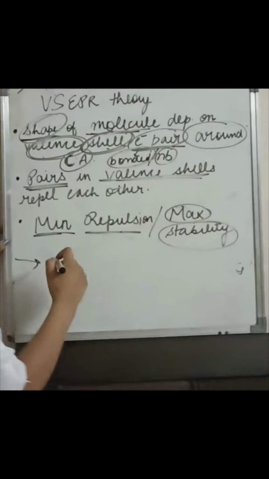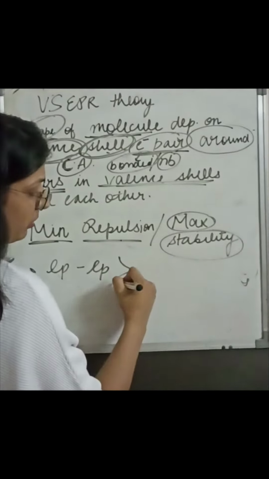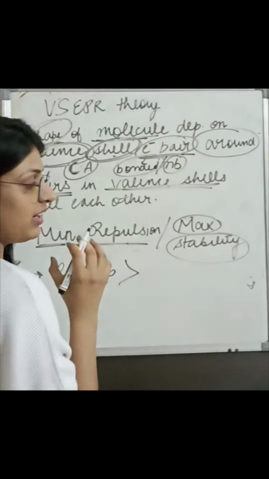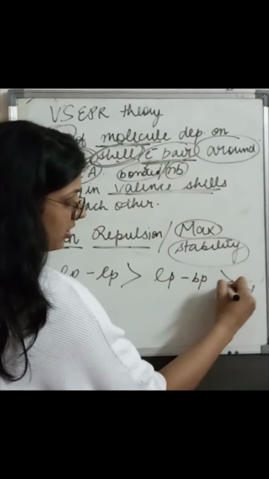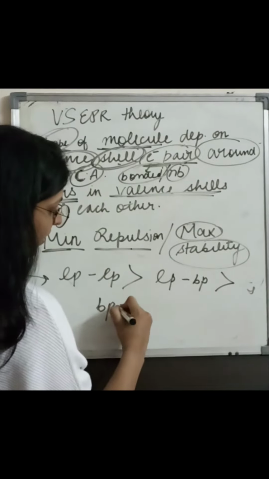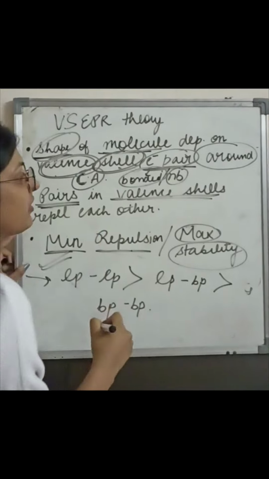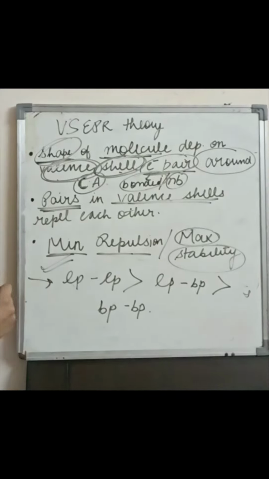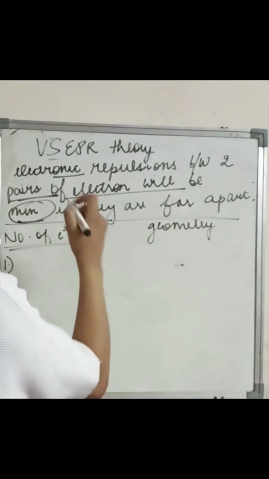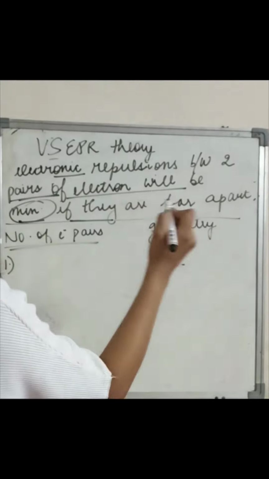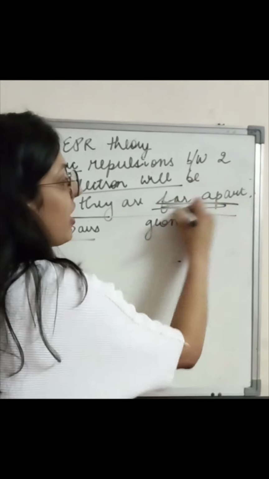Now we see that lone pair repulsions are much higher than lone pair-bond pair repulsions, and then the bond pair repulsions. Considering these factors, we have the geometries according to the number of electron pairs, which we will discuss. Now electronic repulsions between two electron pairs will be minimum if they are far apart.